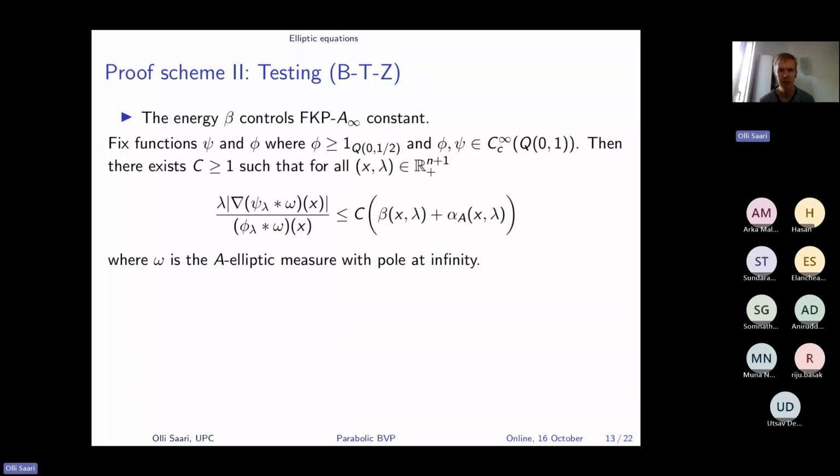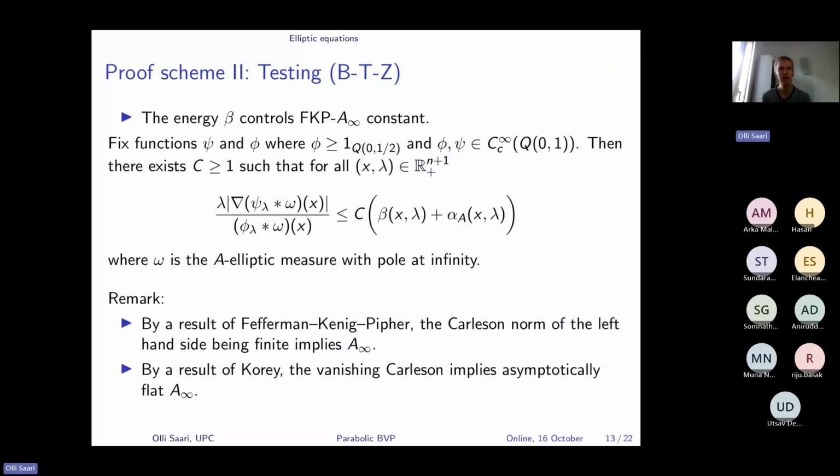and then the smoothness condition of the DKP matrices. Another point is that when you take the Carleson measure norm of the right-hand side, you will get the Carleson measure norm of this quantity A. But the observation was that when you take the Carleson measure of the left-hand side, this is a quantity which is controlling the A infinity constant.